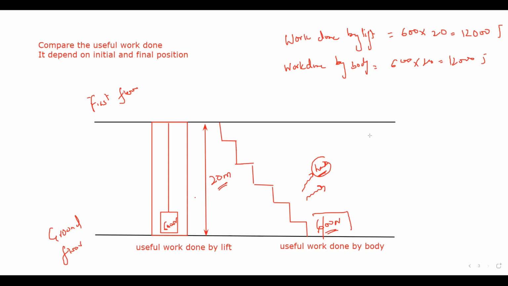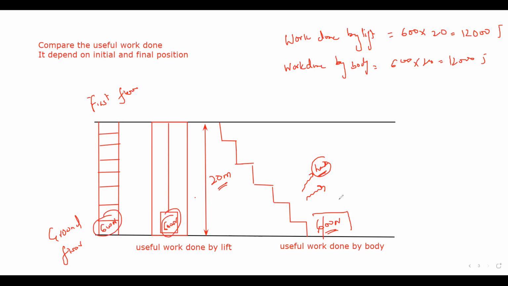And there's another person, for example, using a ladder. When we compare the work done, the person has a weight of 600 as well, because if the weight changes, the work done will change.